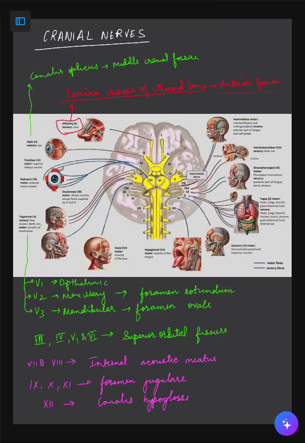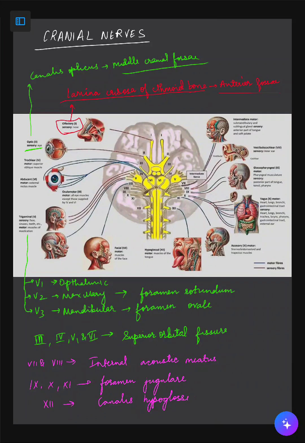Now, next is the middle cranial fossa. In the middle cranial fossa, the nerves are from the second to the sixth nerve. Which are those? The second nerve is the optic nerve, which opens into the canalis opticus.